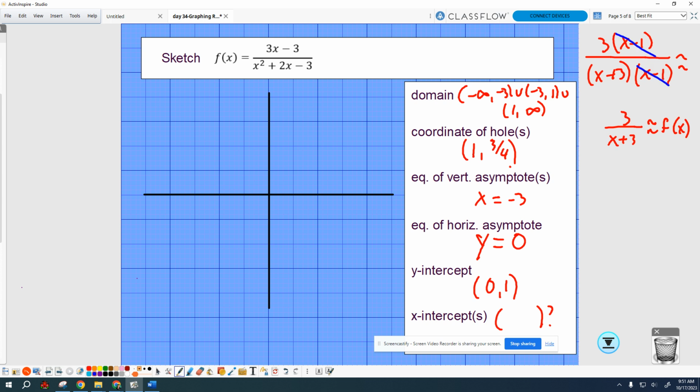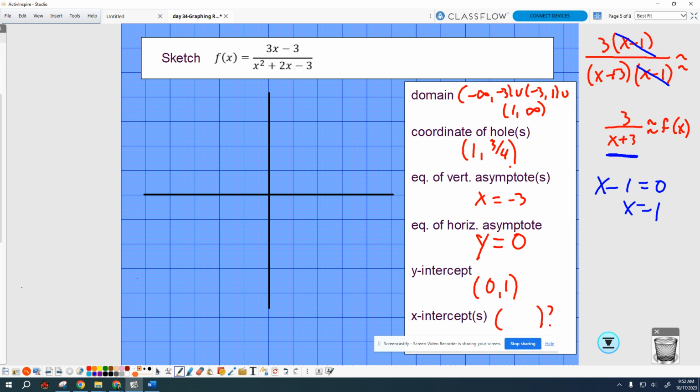But Vanessa, now that I've factored, I'm going to remove the factor from the top and the bottom, and look at the leftover. What x value did I remove? When x is 1. So take that 1 and plug it into the leftovers, not the original. So 3 over 1 plus 3, when x is 1, the y value wanted to be 3/4.